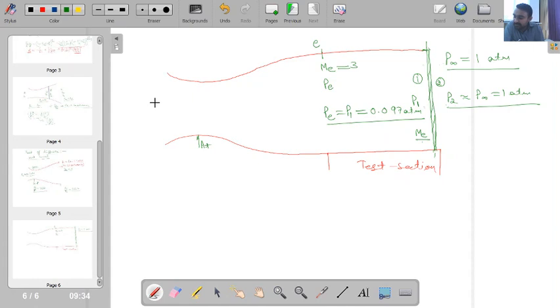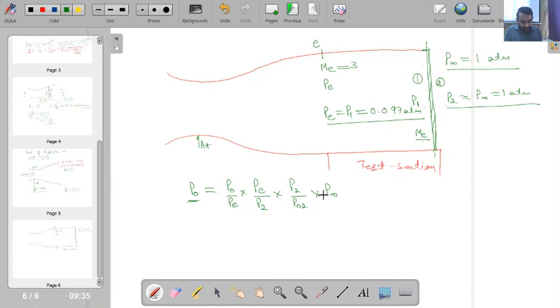Now if I have to calculate my pressure P0, P0 will be equal to P0 by PE, where E is exit and O is reservoir, the ratio of pressure between exit and reservoir, multiplied with PE by P2, multiplied with P2 by P02, and multiplied with P infinity. I have taken this combination of pressures so that I can eliminate all and then simply get the value of P naught.